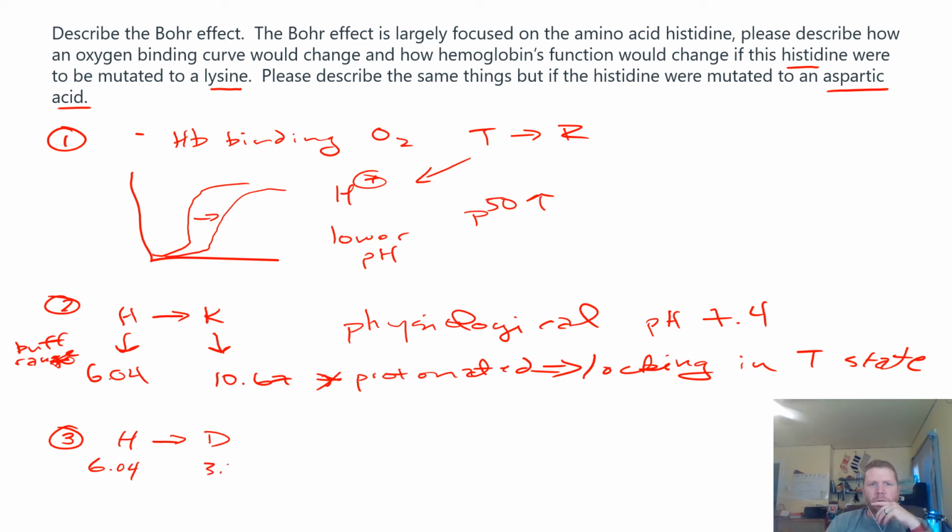Okay, so now what we'd have is, if the deprotonation of this amino acid is really the important part of this, well, at a pH of 7.4, that residue is going to be 100% deprotonated.